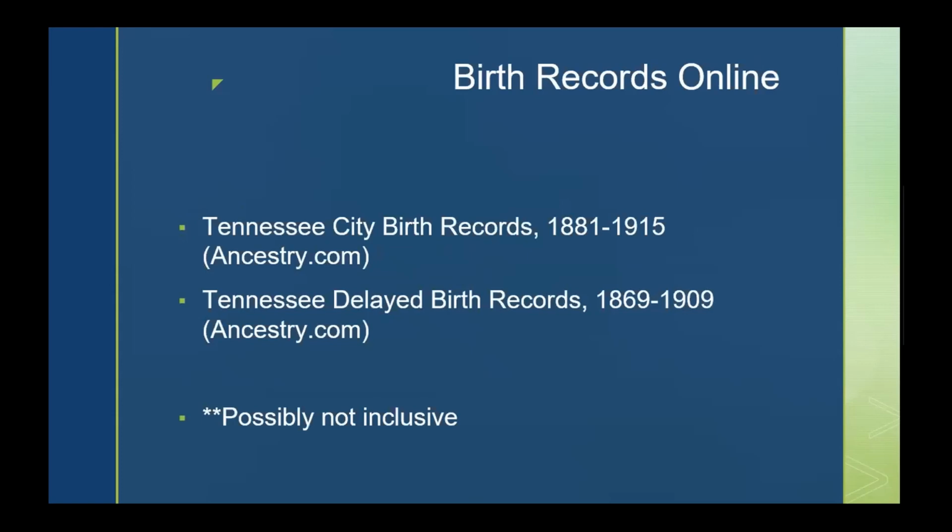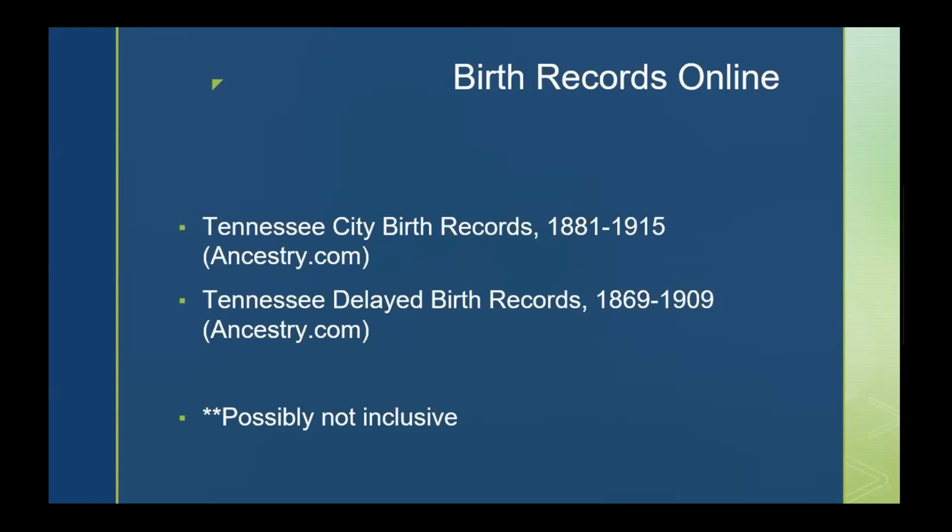So the city birth records are online, and some delayed birth records from 1869 to 1909 are on Ancestry.com. These may not be inclusive. I am not positive, I've not gone through and checked whether every county in Tennessee is participating in these online records, so I can't say for sure.